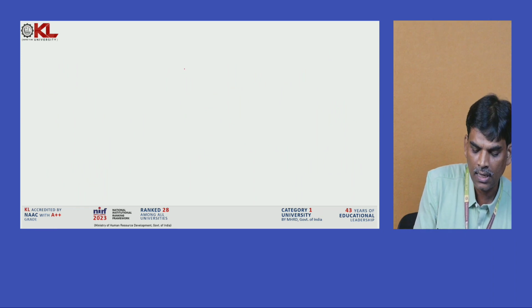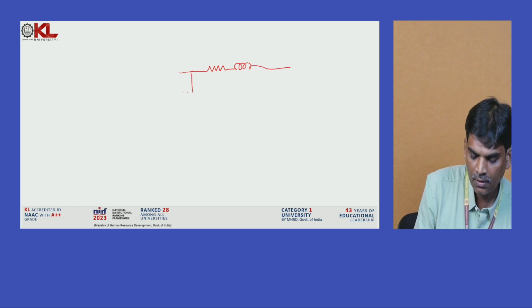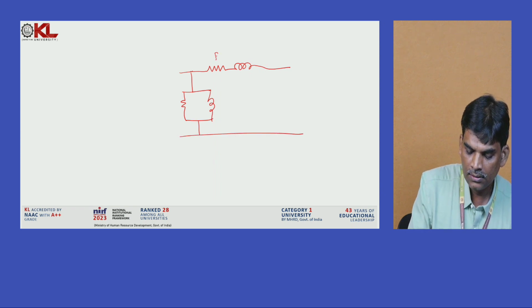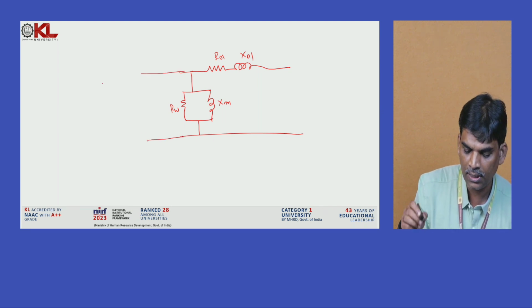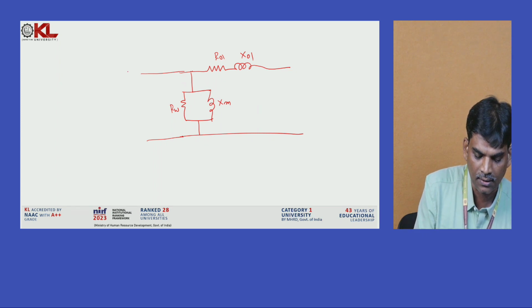Normally in the OC test, this is the equivalent circuit diagram of the transformer. This is R01, X01, XM, and this is called RW. Here I remove the physical transformer and analyze it like this.